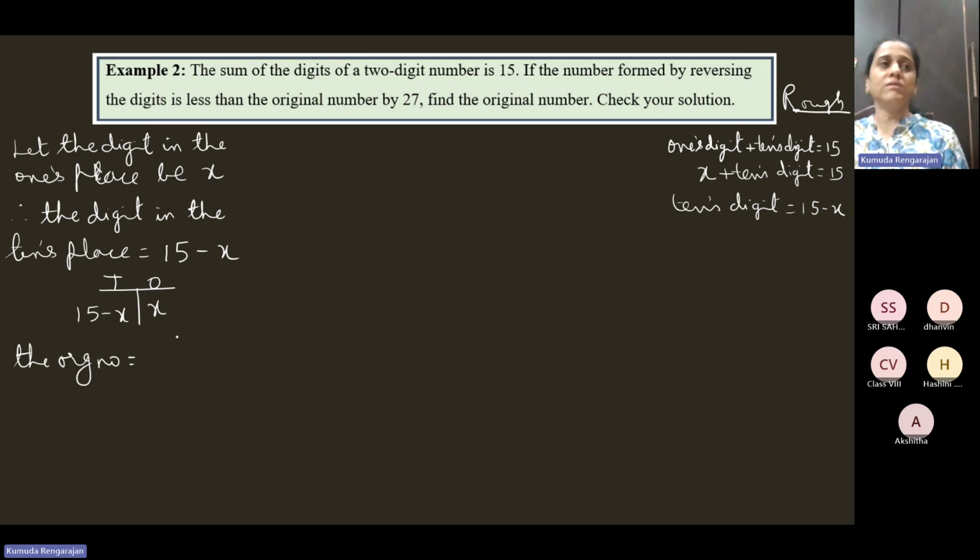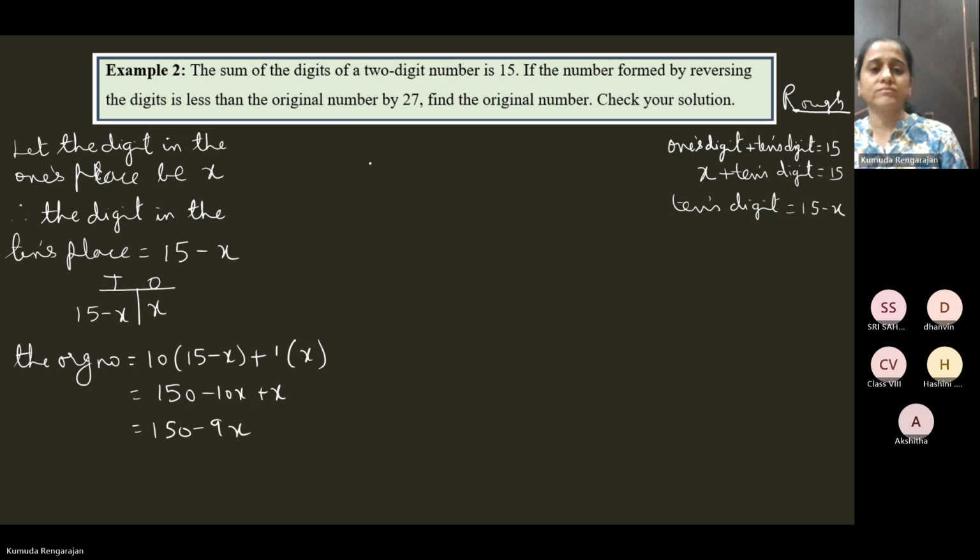Multiply the digit with the respective place value. So it will be 10 into 15 minus x plus 1 into x. That is 150 minus 10x plus x, which is 150 minus 9x.